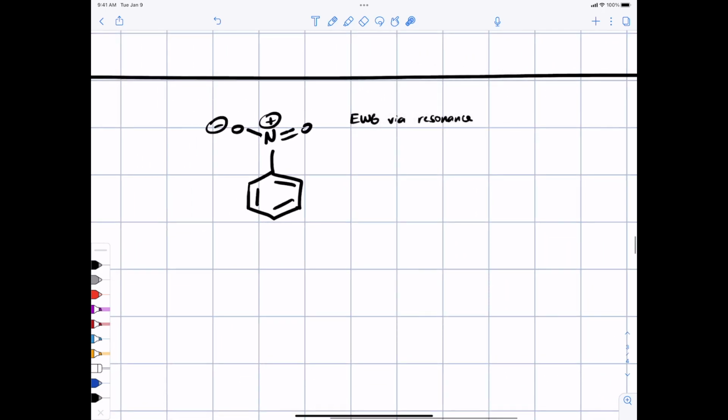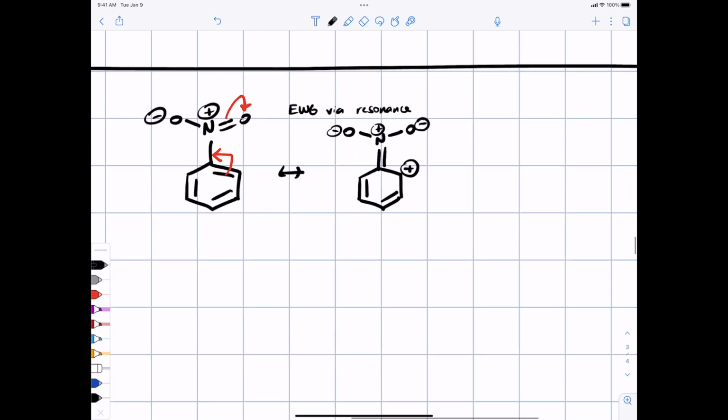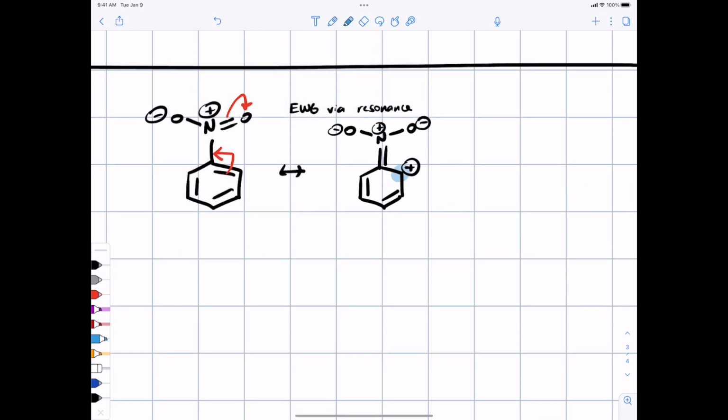And whenever you have that situation, it's possible to draw a resonance structure in which you pull electron density from the benzene ring out onto that adjacent electronegative heteroatom, thereby putting the positive charge in the benzene ring. Final exam question. Which carbons share that positive charge? 2, 4, and 6. All right? I can't count. Where did 3 go?